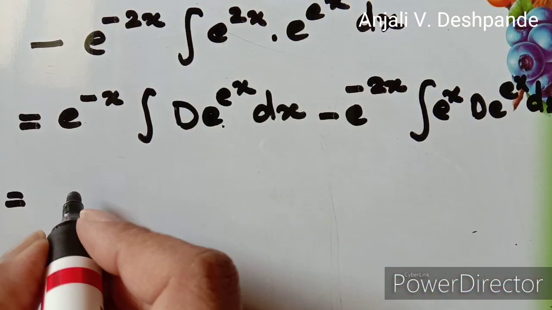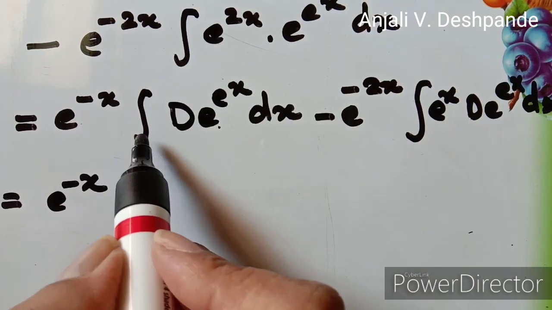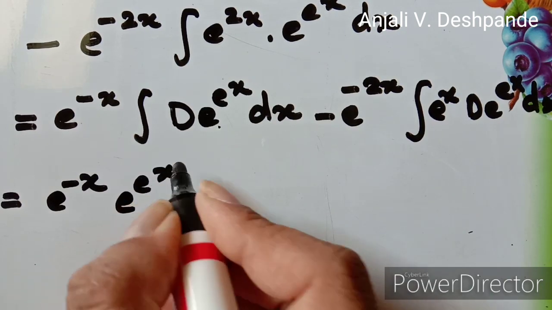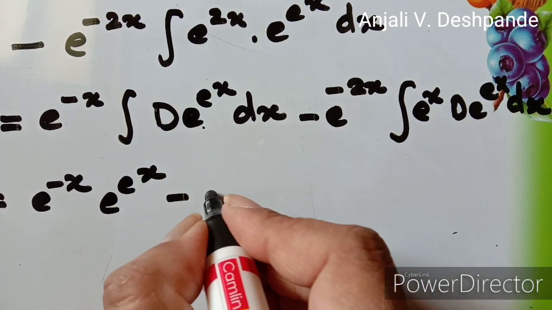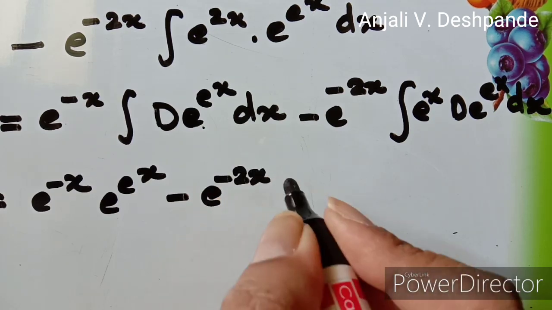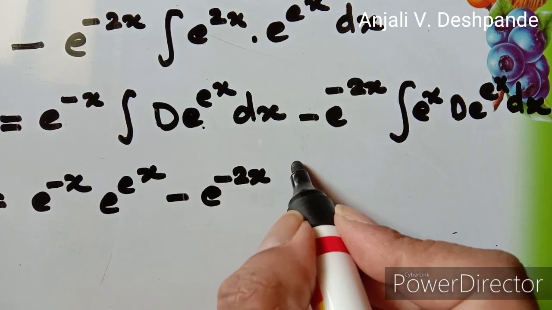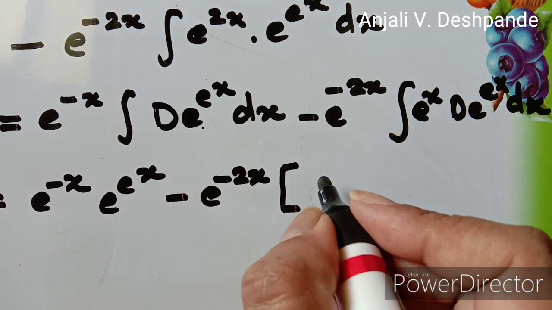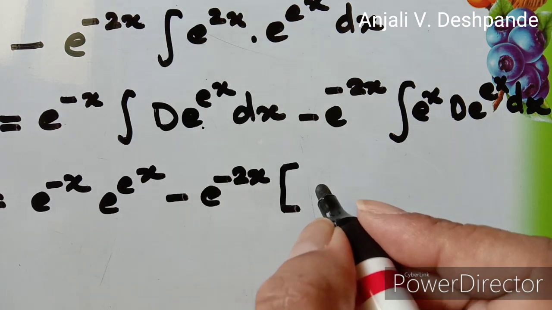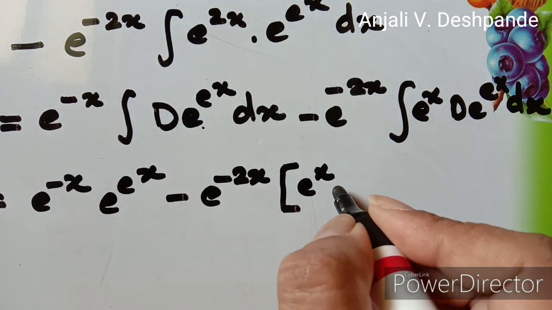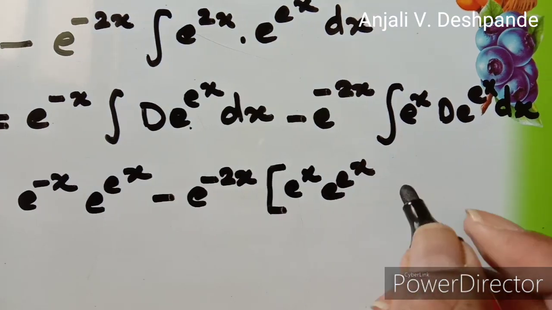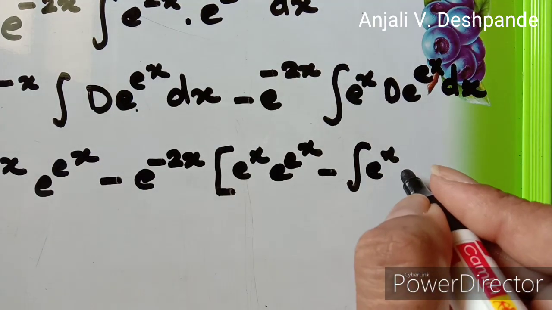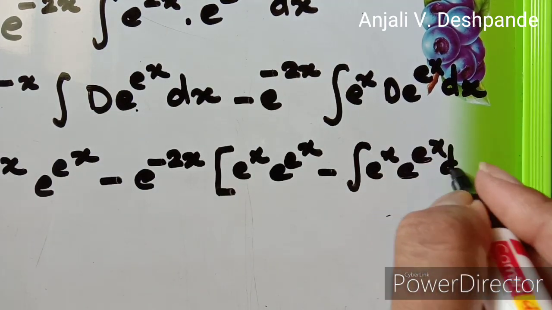So this is equal to e raised to minus x. Now integration of derivative, so we are left only with the function e raised to x minus e raised to minus 2x, into bracket. Now we are going to do integration by parts. So this gives us e raised to x into e raised to x, minus integration of e raised to x e raised to x dx.